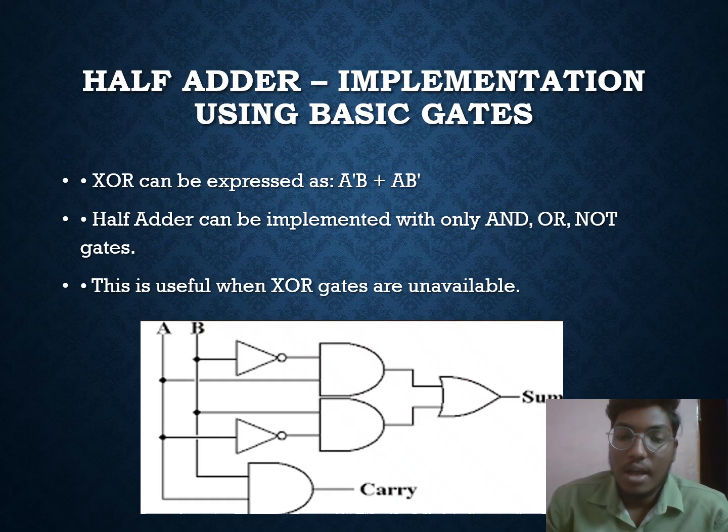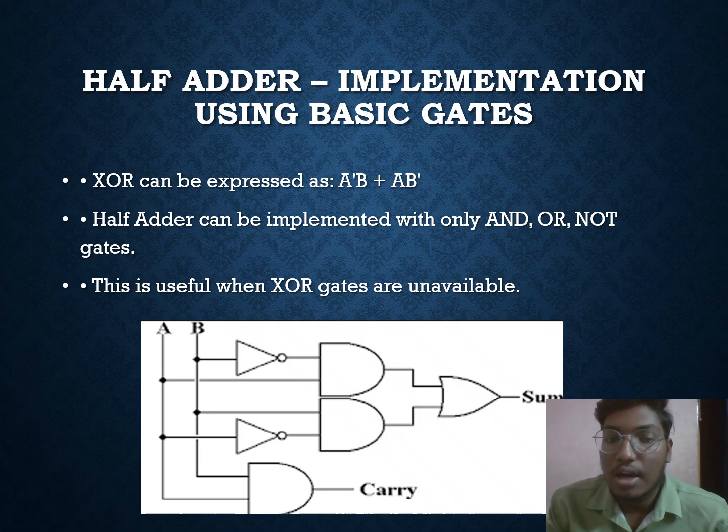Now we can see the implementation of the half adder circuit using different logic gates. First, we discuss implementation using basic gates like AND, OR, NOT gates. From the truth table, the obtained expression is A bar B plus A B bar, which is nothing but the XOR operation. So XOR can be implemented by using the basic gates AND, OR, NOT.